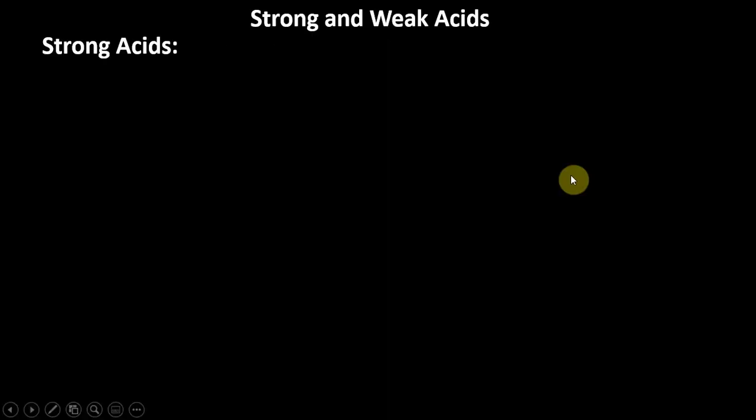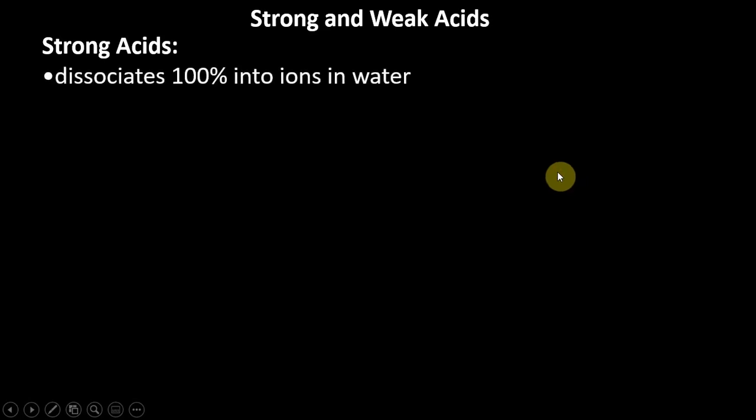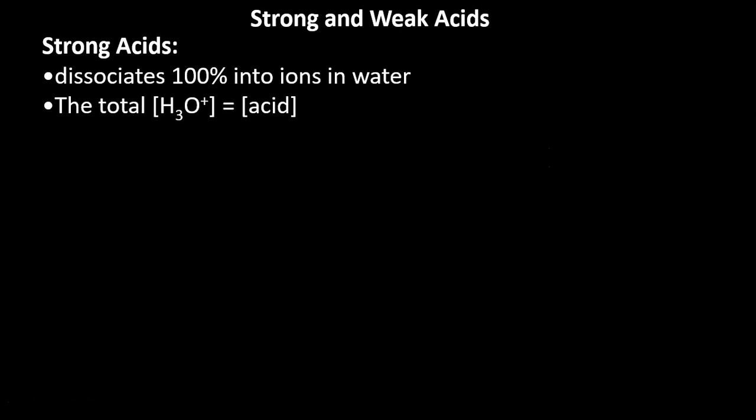All right. Now, we also talked last year about strong acids and weak acids. Remember, strong acids dissociate 100% into ions in water. In other words, the total hydronium ion concentration is the same as the acid concentration.